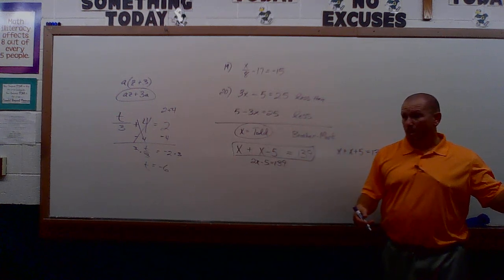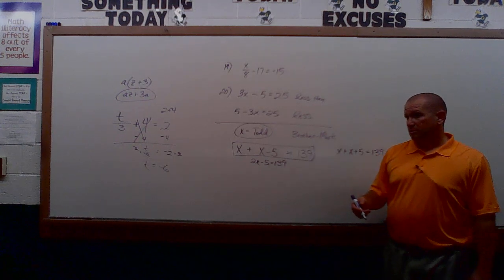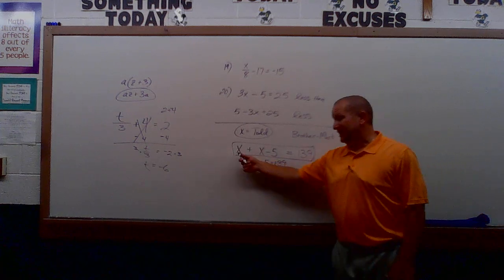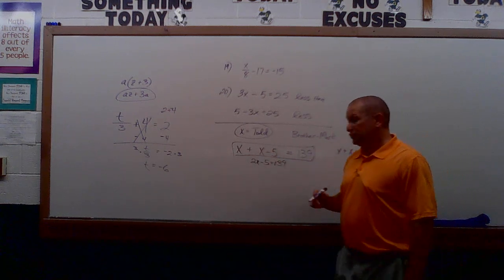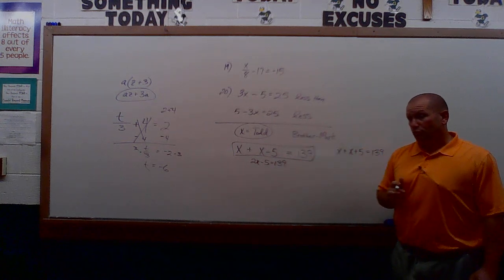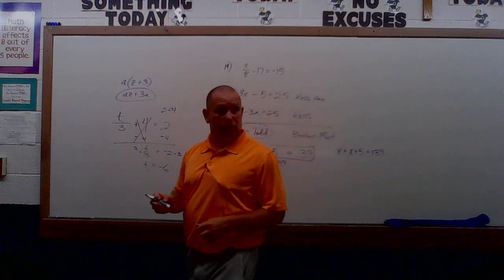But if it had said he's 5 inches shorter, you can do it both ways. You just have to think about who you're actually making x in the problem. Both of these work, whether it says he's shorter or he's taller.